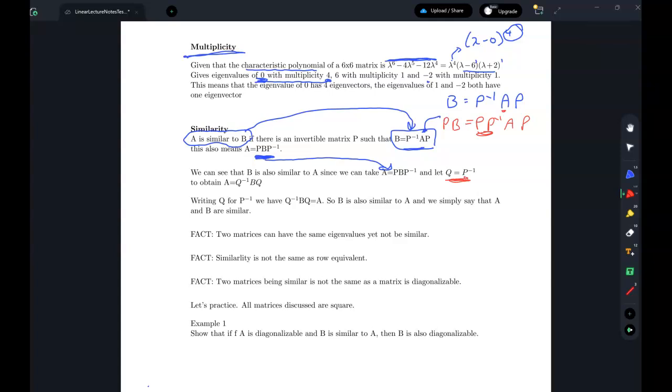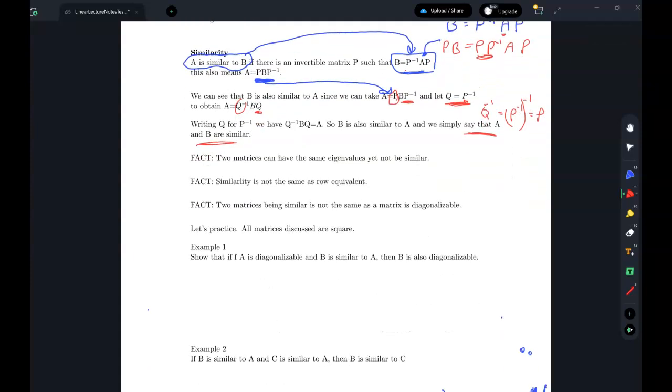Then if I take the inverse of Q, that would give me P inverse inverse, and that's P. So Q inverse would be P, so I could replace this P with Q inverse. So you can see, just by substitution, A and B are just similar to each other. We don't have to go back and forth between them, and we can get this relationship between them.